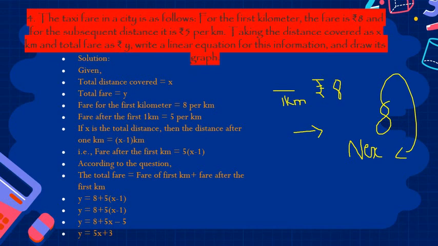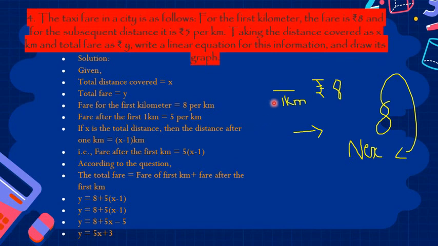They said to find the suitable linear equation, taking the distance covered as x kilometer and the total fare as rupees y. Solution: first we have to see what is given in the question. Total distance covered is x and total fare is y. Fare for the first kilometer is 8 rupees. If x is the total distance, then the distance after 1 kilometer is x minus 1 kilometer.